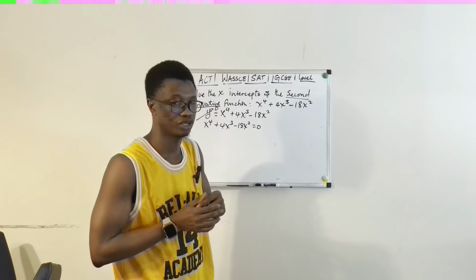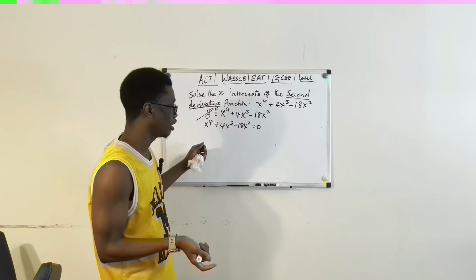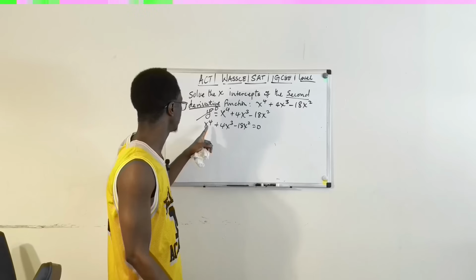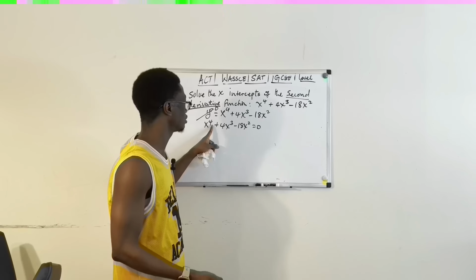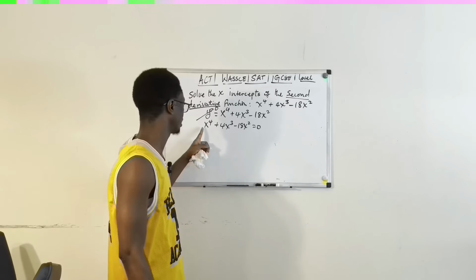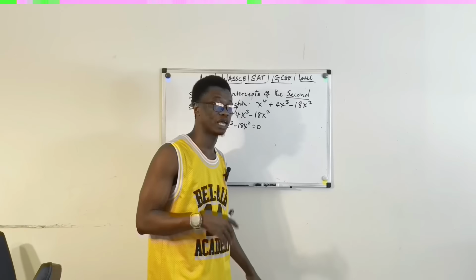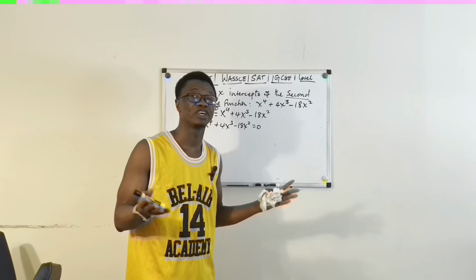It's so easy. Differentiation is very easy, right? You multiply the power by the coefficient of the variable, which is x here, and subtract 1 from the power. That is how you differentiate.